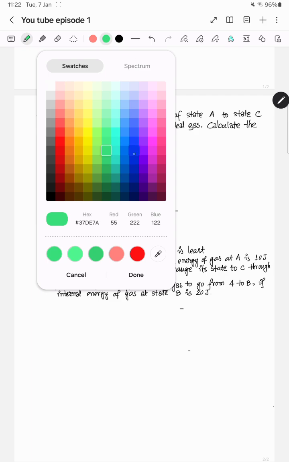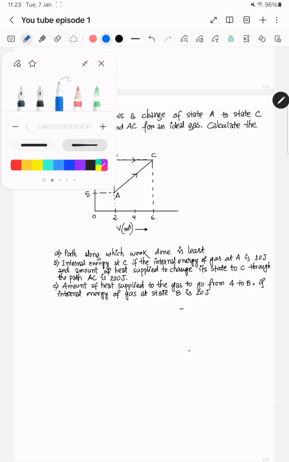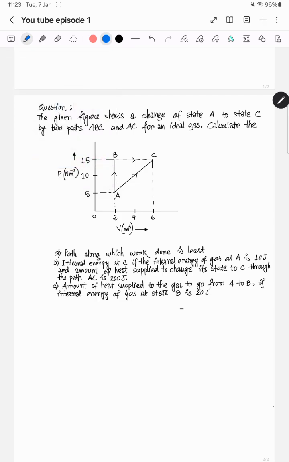So at first, what we have to do: the path along which work done is least. In this question there are two paths.